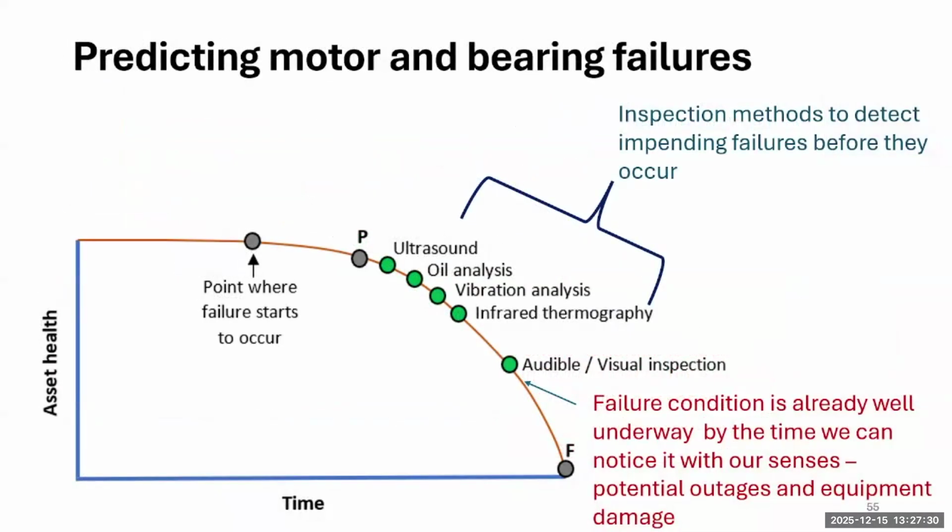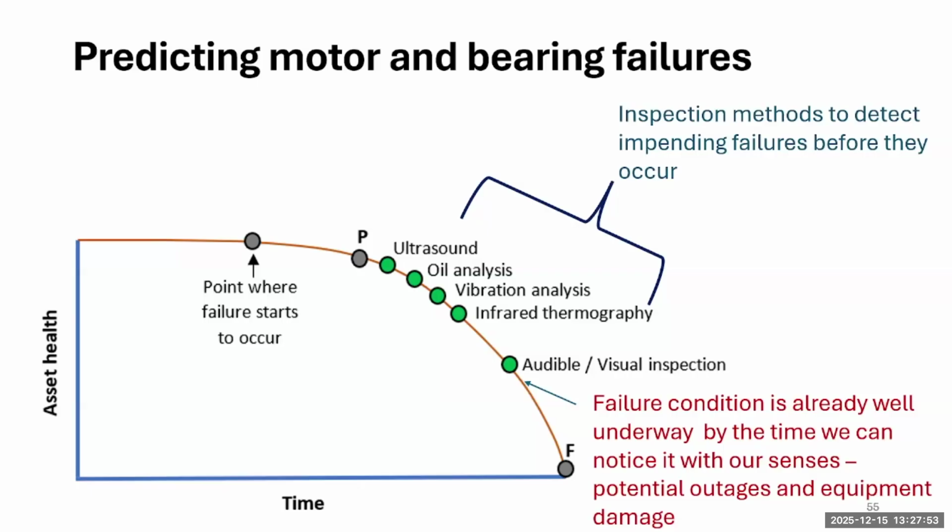If we want to predict motor and bearing failures, these different inspection methods are going to detect those before they occur. Ultrasound is likely to detect it earlier than an oil analysis, which is earlier than vibration or infrared thermography.